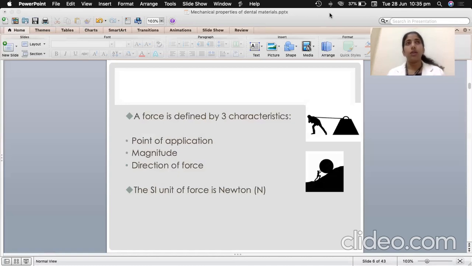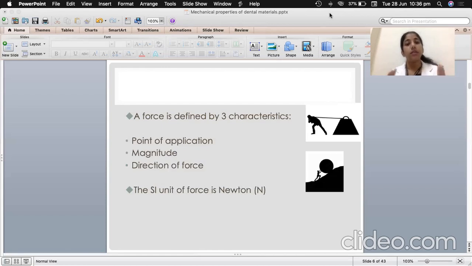And direction of force: the direction in which you apply the force also influences the change in the material, its form or shape, or its direction of movement. Suppose you are applying the same 100 Newton of force to an object on an inclined plane, that is a slope, it is different. On an upward hill, the same amount of force is different. On a parallel, smooth plane, the movement of the material will be different.